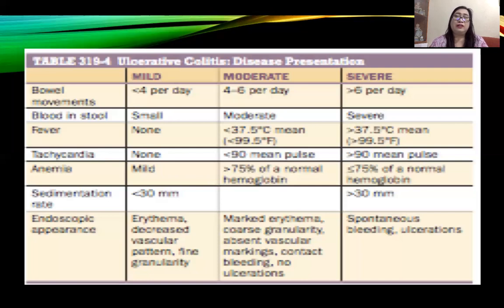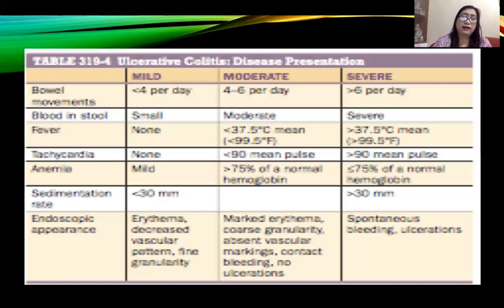Now the fever, your patients with mild ulcerative colitis may not develop fever. Moderate may have low grade, and high grade fever is expected in severe cases. Okay. Your anemia, again, may be mild in mild ulcerative colitis and becomes more and more severe as the disease progresses into severe. Your ESR is said to be more than 30 if you will do it.